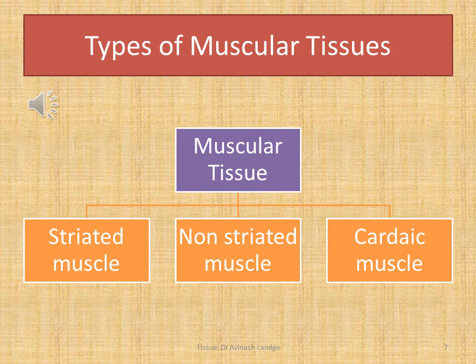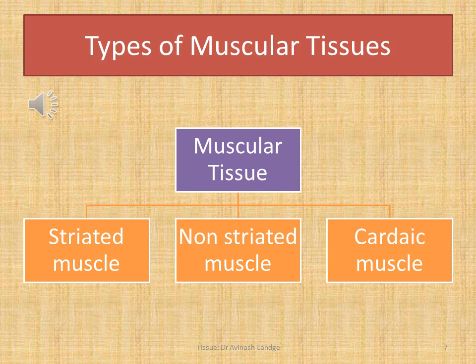The next type of tissue is muscular tissue. These muscular tissues are further divided into striated muscles, non-striated muscles and cardiac muscles. These muscular tissues are responsible mainly for the movement of our body, for locomotion, internal movement as well as external movement.